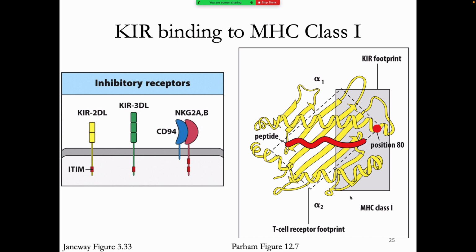And if we look at KIRs and how they bind to MHC class 1, we see something that looks like what is shown on the right here. So you can see the MHC in yellow and the peptide in red. If you remember, I showed you a similar picture to this when we talked about T cell recognition.